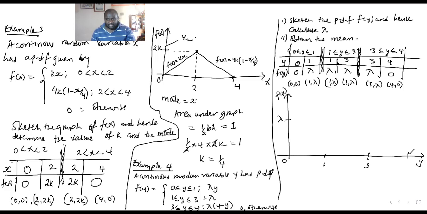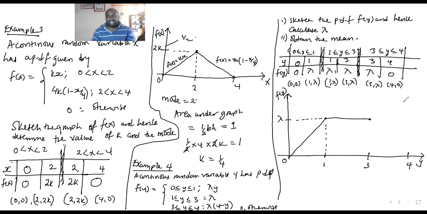Then we have 3 and 4. Between 0 and 1, the curve is a straight line. When it reaches lambda, the curve maintains lambda throughout until you reach 3. So this is lambda as the function f of y up to when you arrive at 3.